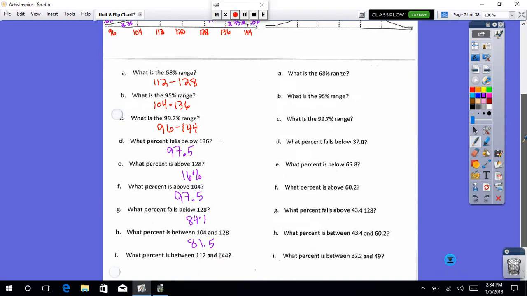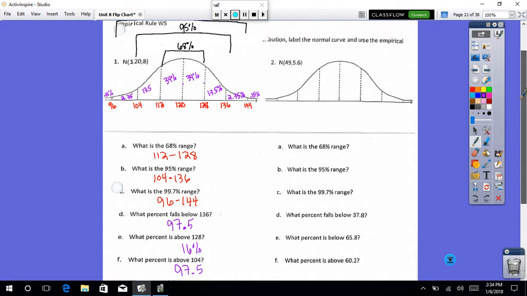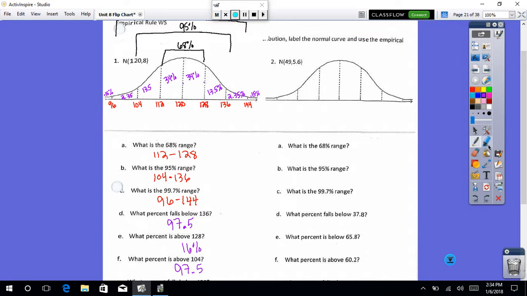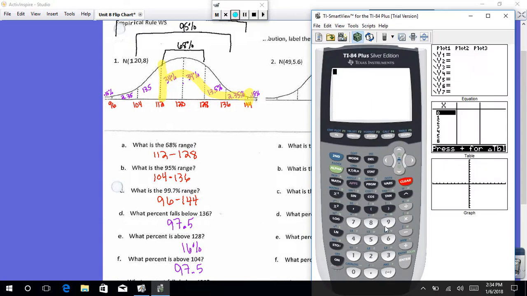And the last one on this side is between 112 and 144. Between 112 all the way up here to 144, so 1, 2, 3, 4 values to add up. 34 plus 34, 13.5, and that is 83.85%.